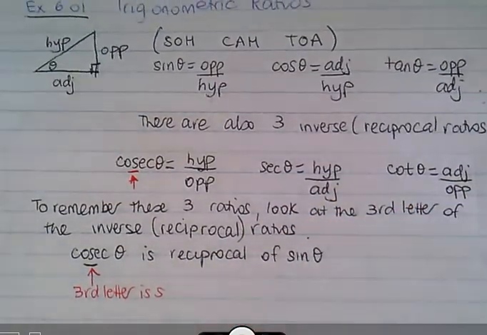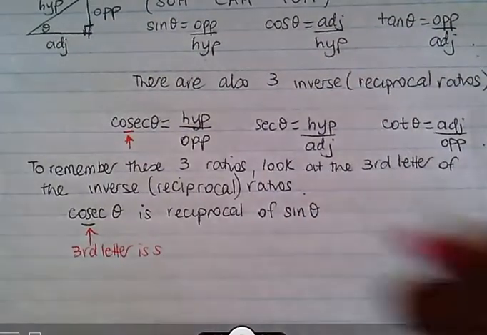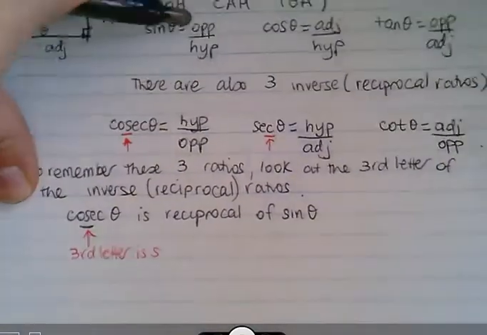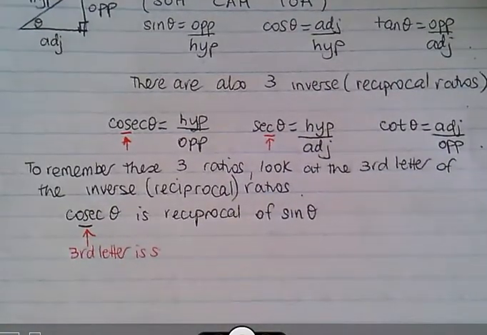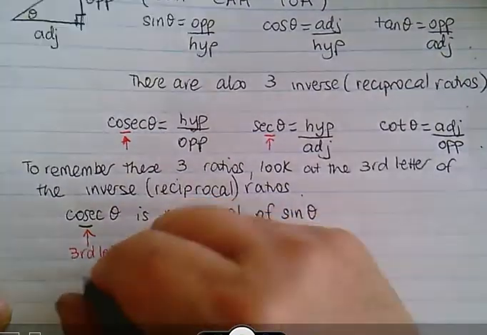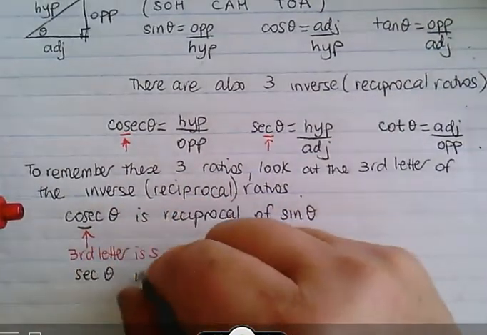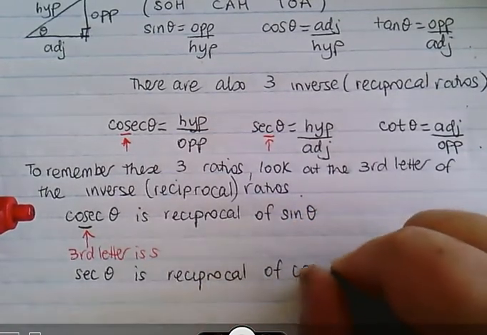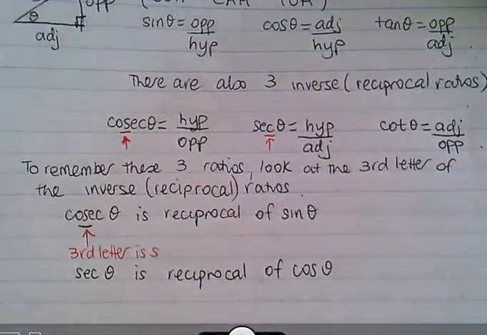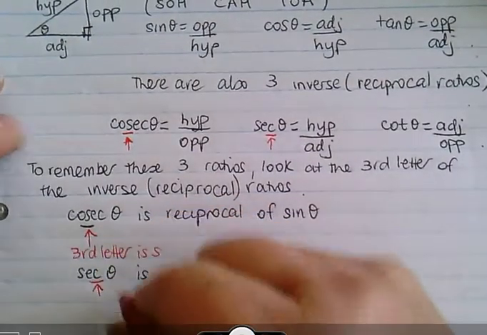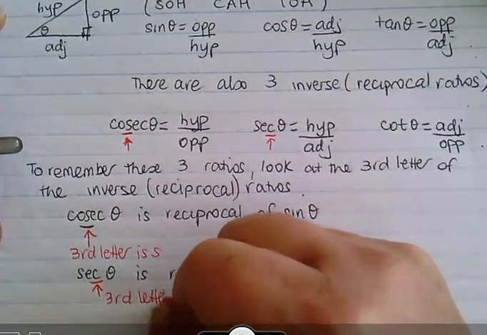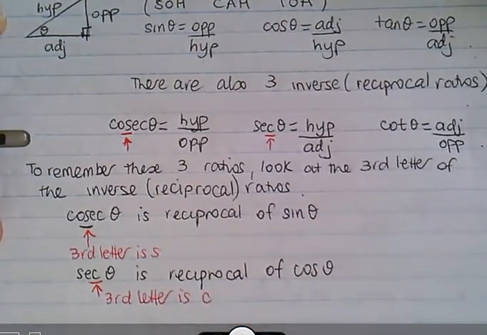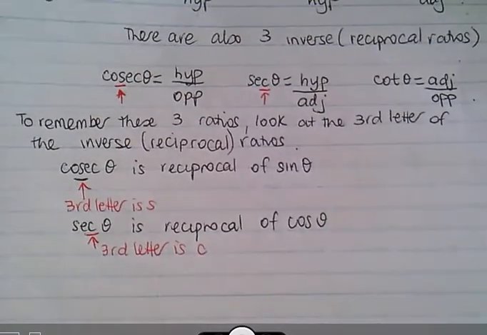Does that make sense? If we look at sec theta, sec theta is the reciprocal of cos theta, because let's look at the third letter of sec. It's C, so it's the reciprocal of the normal ratio that starts with C, which is cos theta.